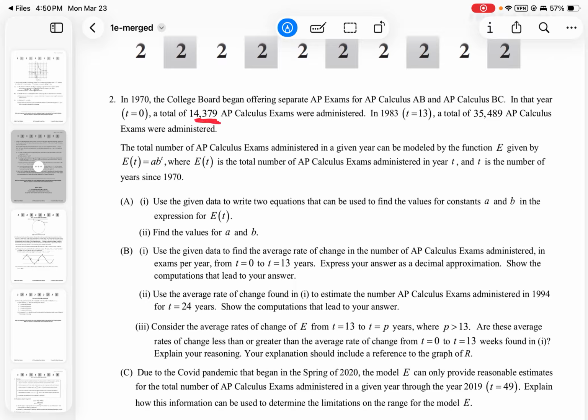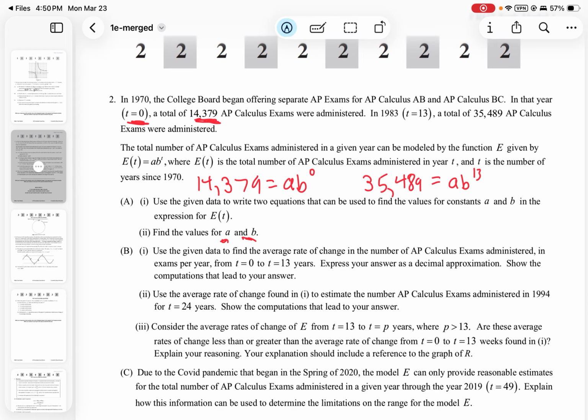We have an output matched with an input of t equals 0, so we have the equation 14,379 equals AB to the 0. And then our other equation is 35,489 equals AB to the 13. So just sub those in. Those are easy points. Now we want to find the values of A and B.